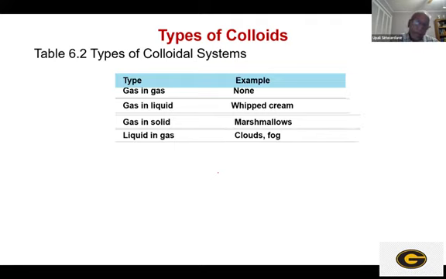Example is a marshmallow. Liquid in a gas. Gas is the major component, like gas in a liquid, where liquid is the major component. Liquid in a gas means there's more gas than liquid. You get cloud formation.